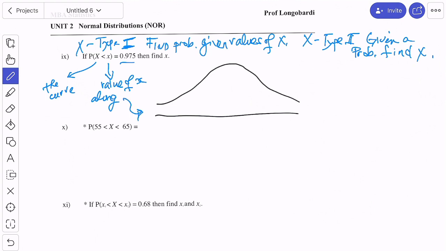So this is saying the area left of x is 97.5%. That means I have to be here, and what I want to find is what x is to put me there.